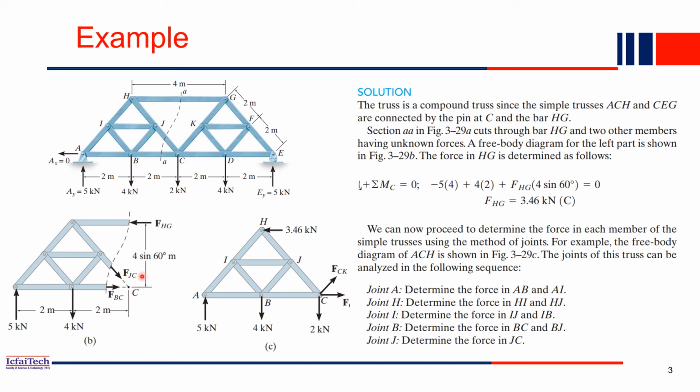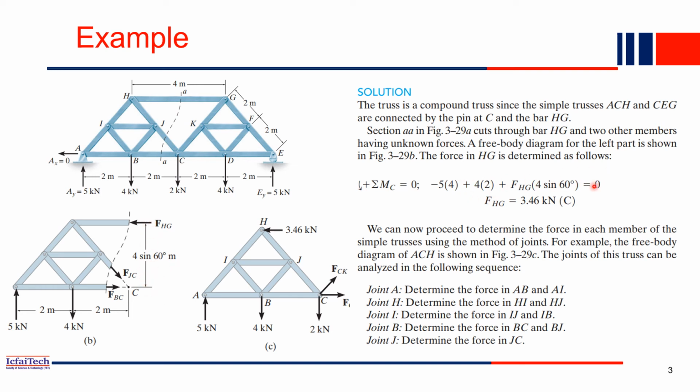What is the distance from point C? This angle is 60 degrees. You can compute it because all the lengths are given. This inclined length is 4, so the height will be 4 into sine 60 degrees, and that will be the moment arm.